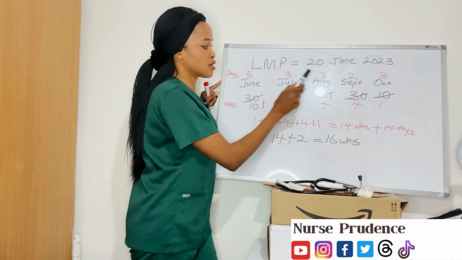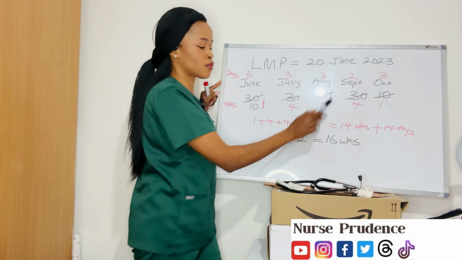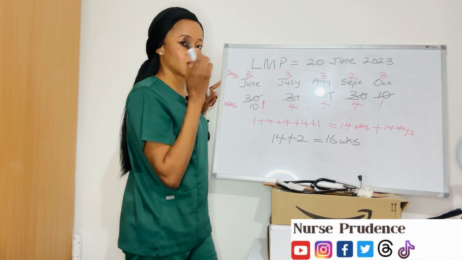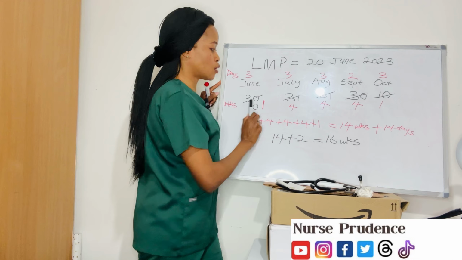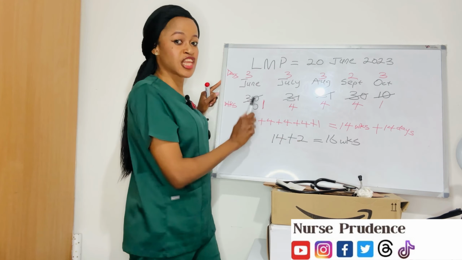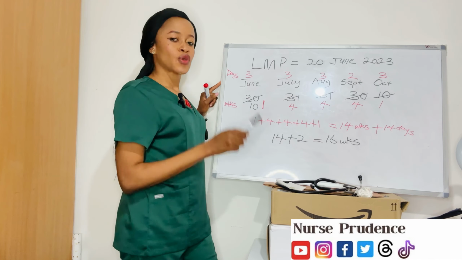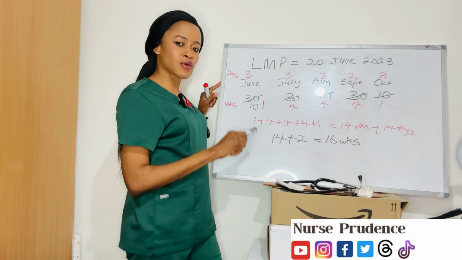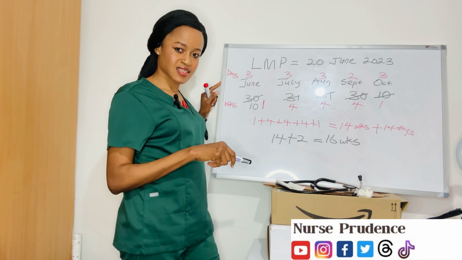July 31 days, August 31 days, September 30 days, and then 10th of October, which is the day you are calculating it. You will now add up the total number of days in each month, add it up and divide it by 7. You are dividing by 7 because you are trying to get the gestational age in weeks.